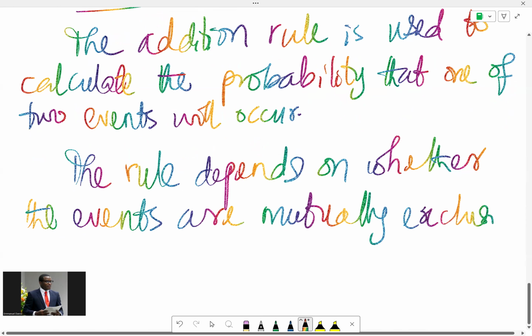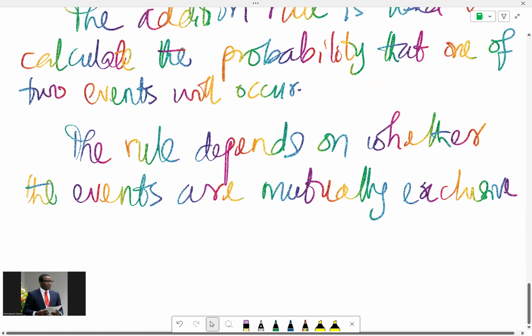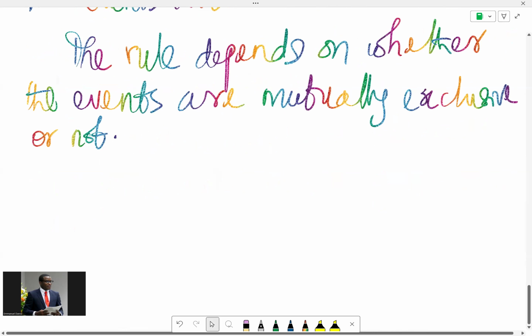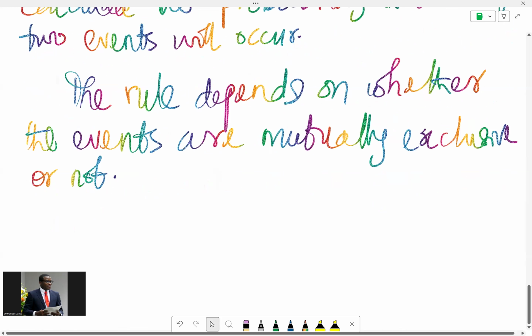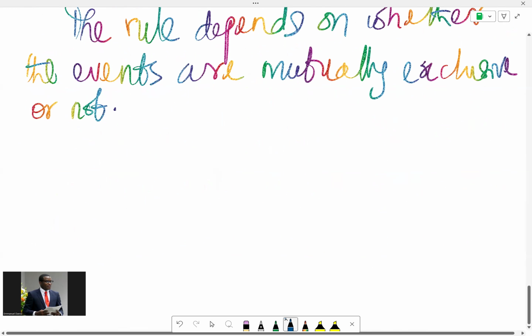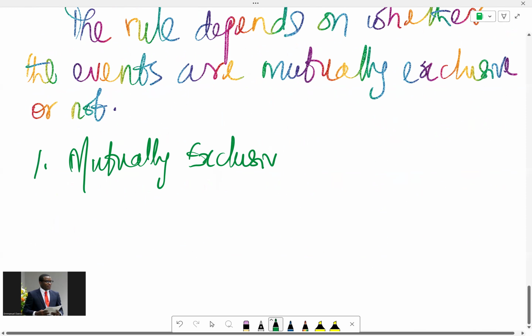So the addition rule depends on whether the events are mutually exclusive or not. Okay. So let's check first of all for mutually exclusive events and see what happens. Mutually exclusive events, just like a repetition of what we did previously.